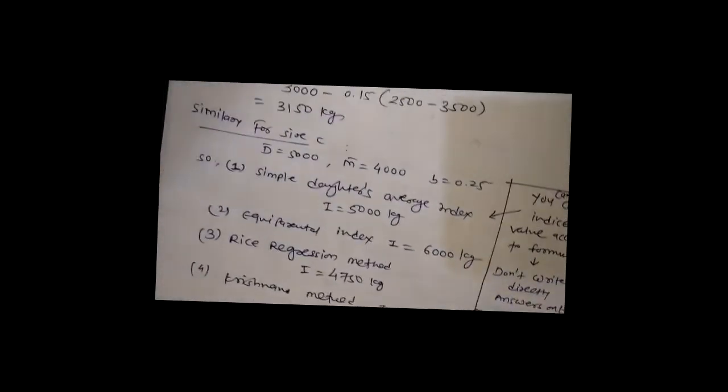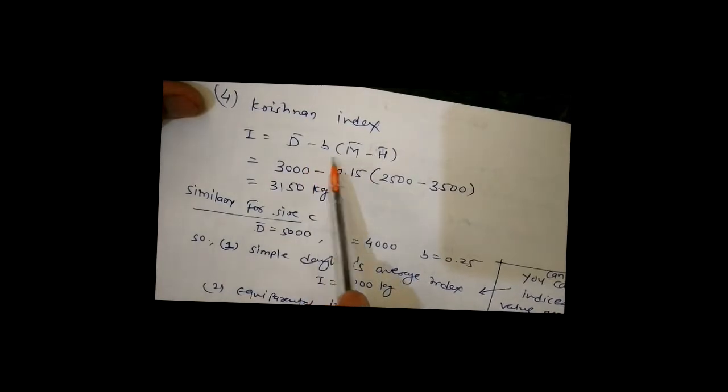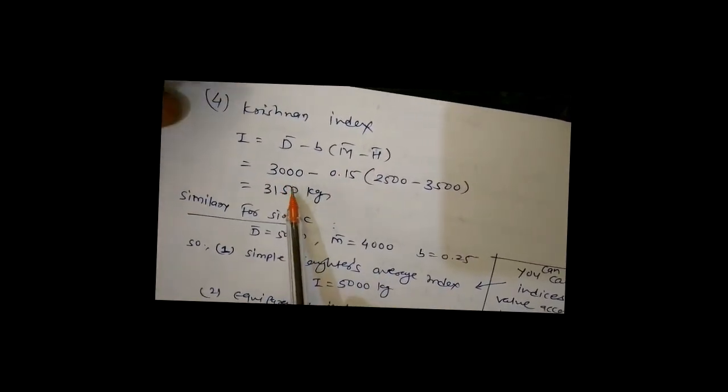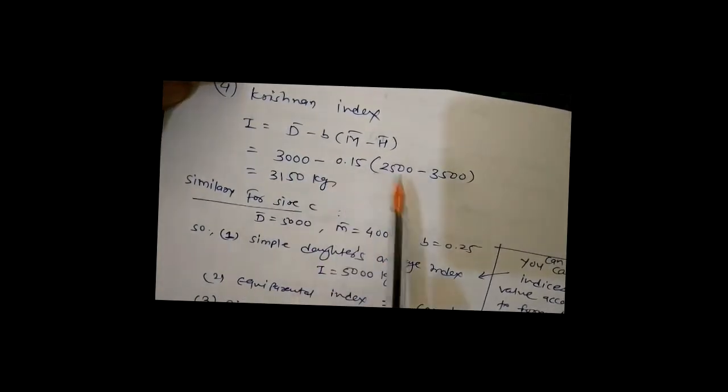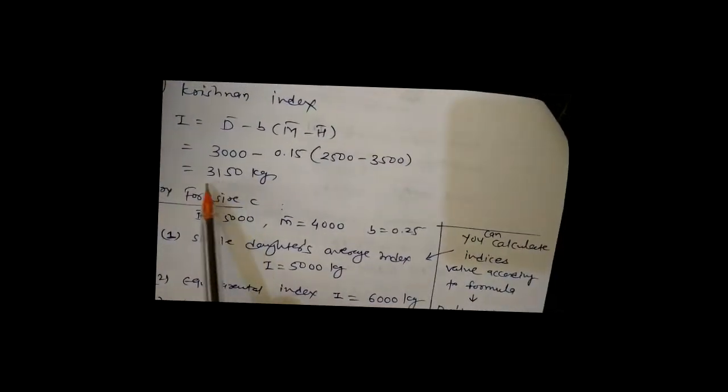And the fourth index value, the Krishnan index method: I is equal to d bar minus b times (m bar minus h bar). Here d bar is 3000 minus 0.15, then 2500, the dam average, and 3500, the herd average. So it is 3150 kg.